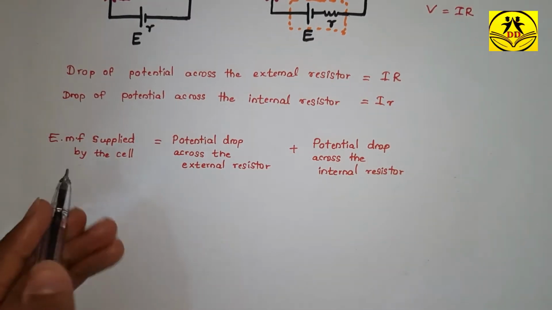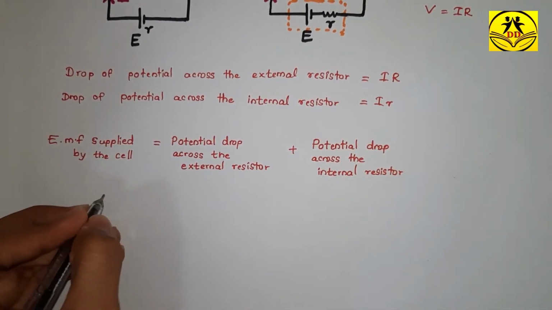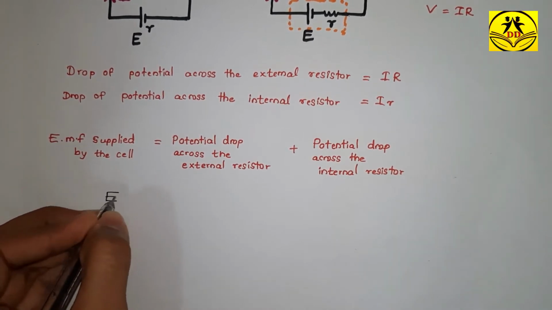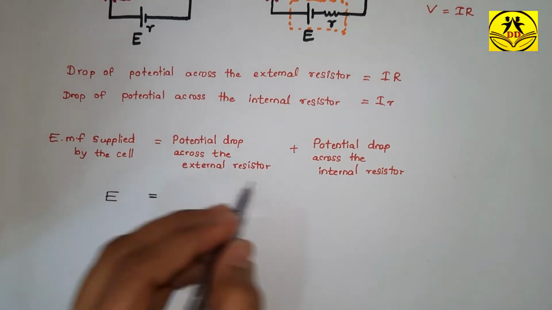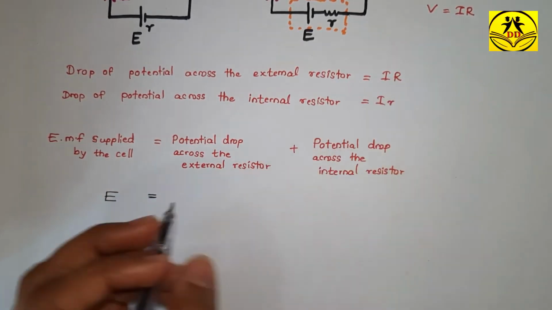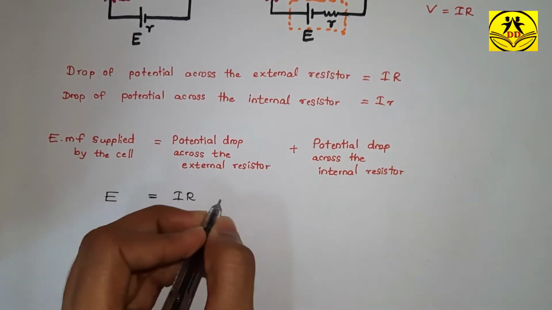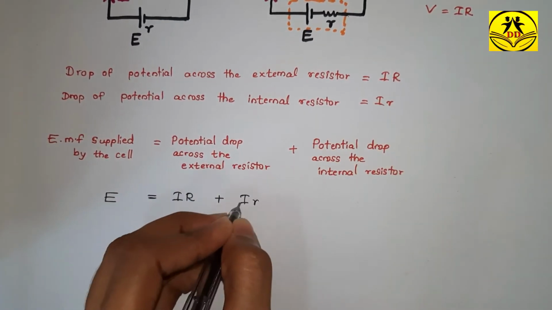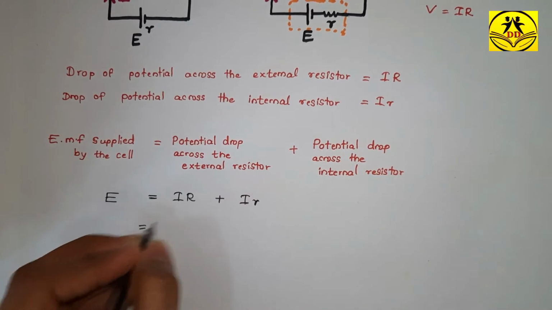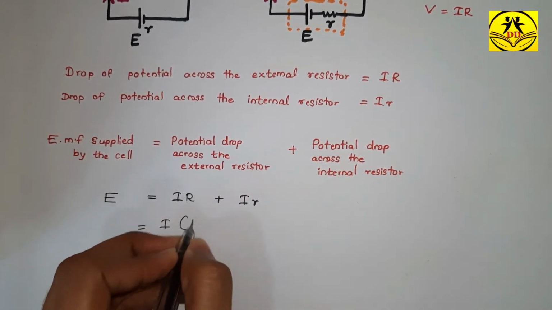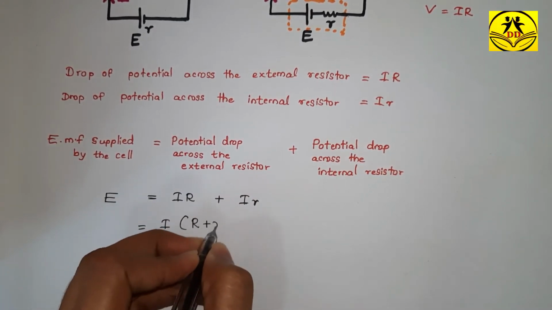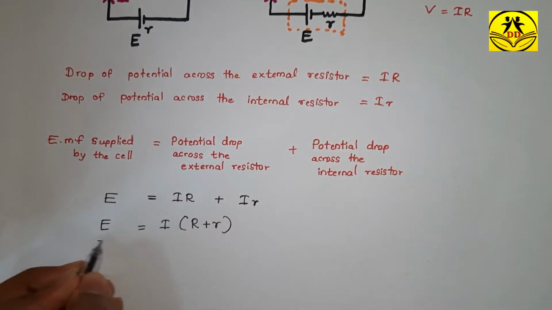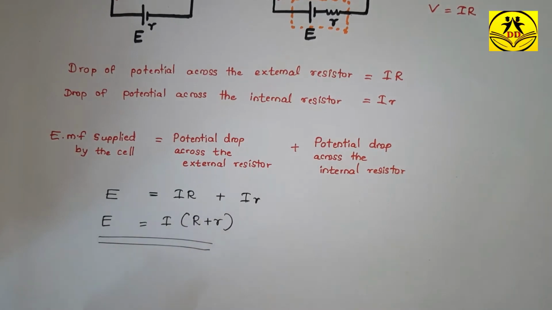So E equals I capital R plus I small r. I is common, so we can write E equals I times (R plus r). This is something you should remember.